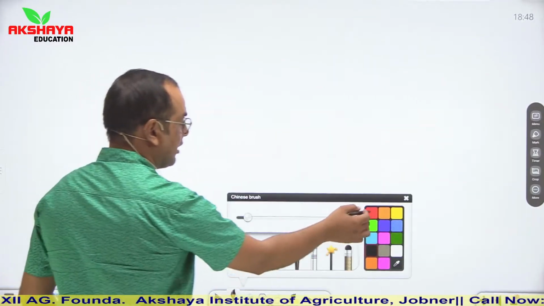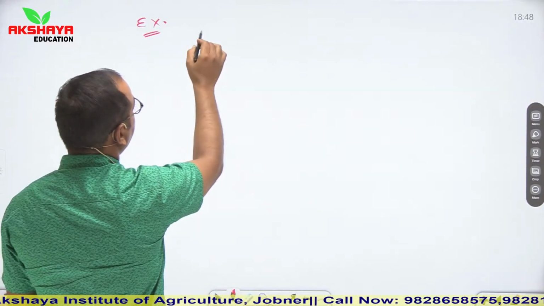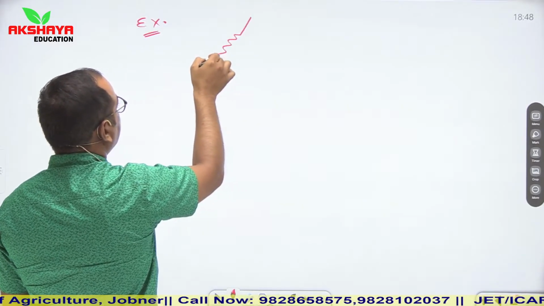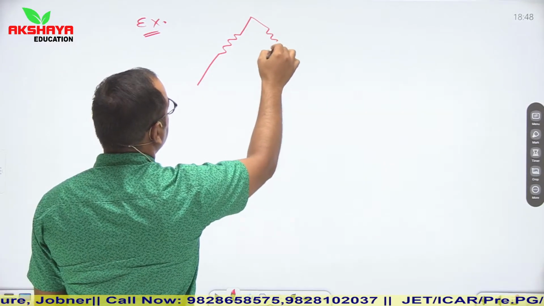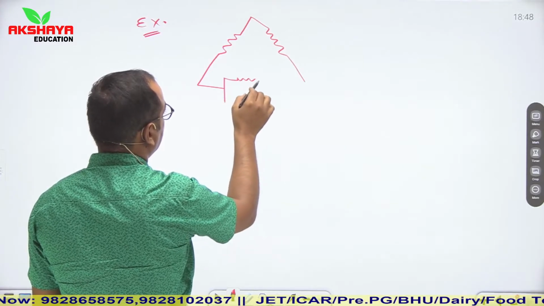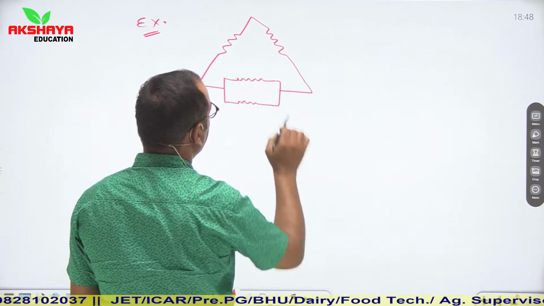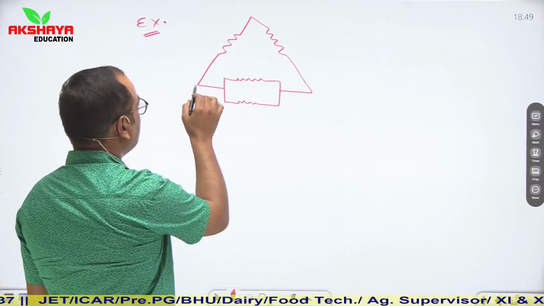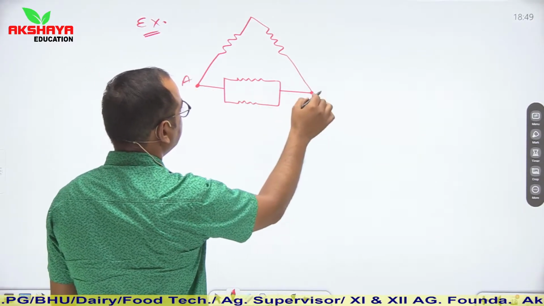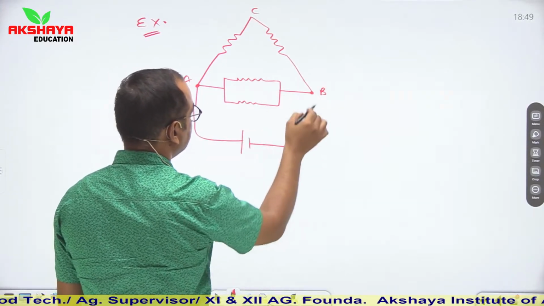Now see how questions are asked. So let us take an example. Let us say that we are given 4 different resistors in 3 branches of a triangle. A source is connected at the ends A and B. Let us say this is the source.